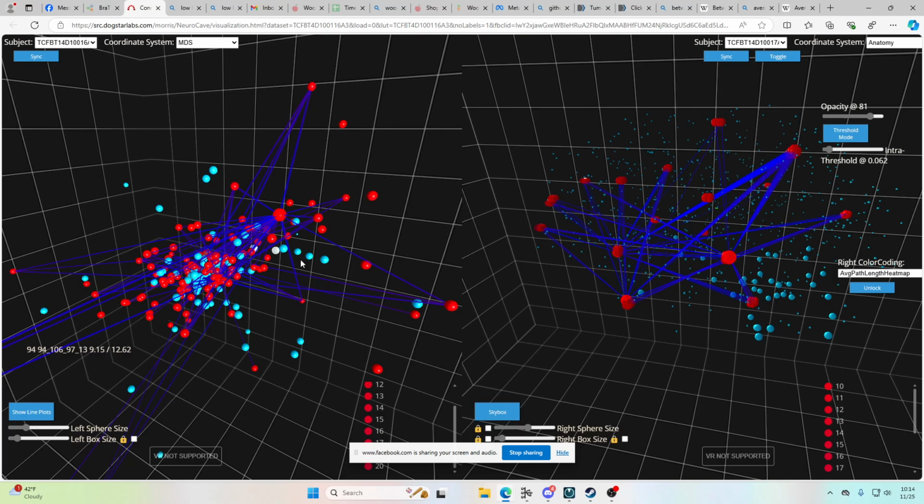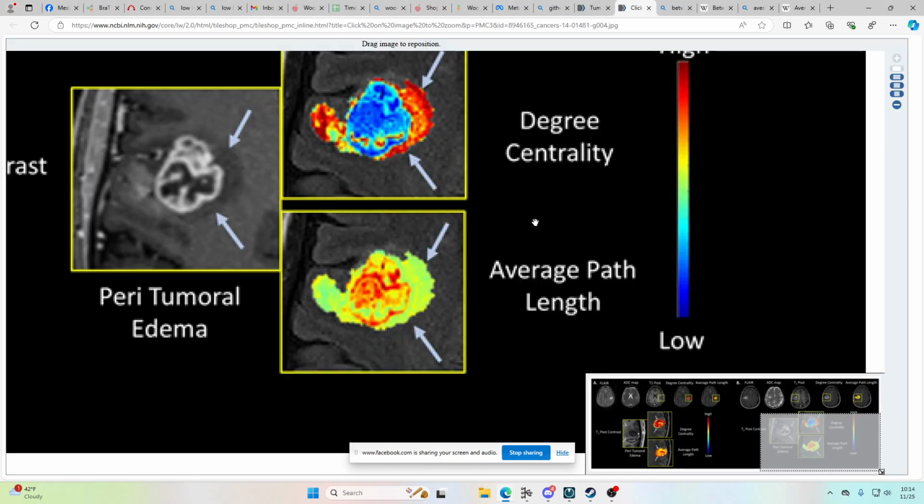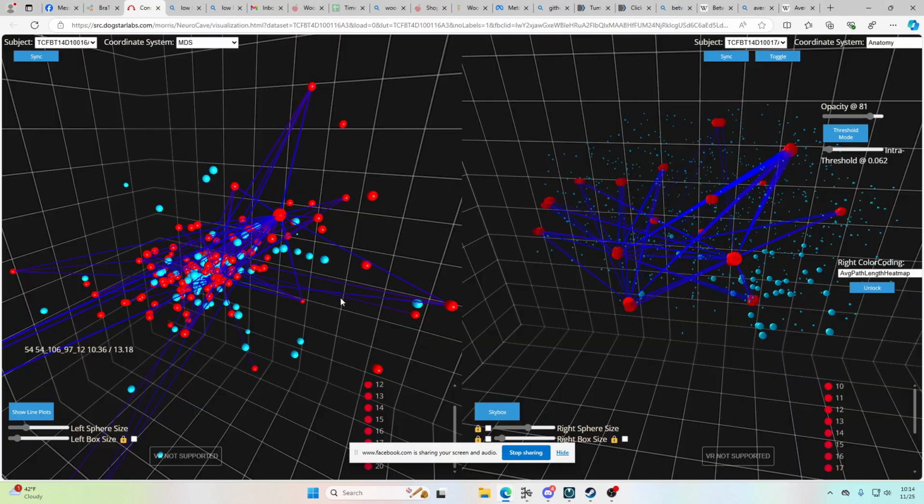Basically this 3D tool gives you a 3D way to browse this sort of data set and really get an understanding of the difference.